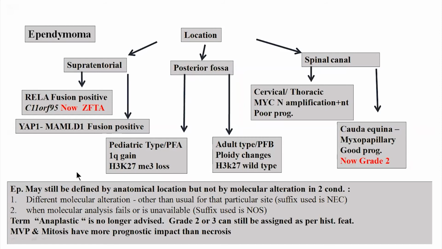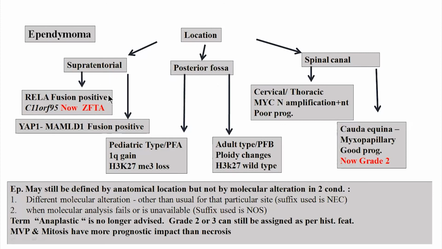But currently, we should avoid grading histologically, and one must try to do the molecular classification with the help of IHC. Location-wise, they are divided into supratentorial, posterior fossa, and spinal canal. The supratentorial ependymomas may show RELA fusion positive, or now it is called ZFTA fusion. The partner of ZFTA is more commonly RELA, and the other type is YAP1 MAMLD1 fusion positive.